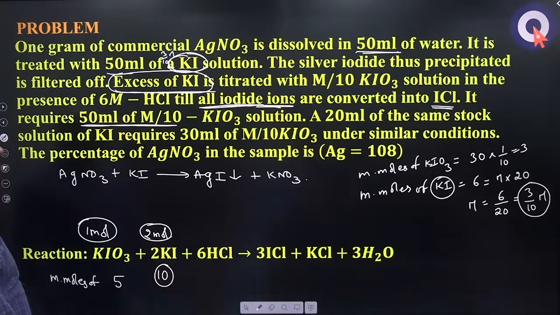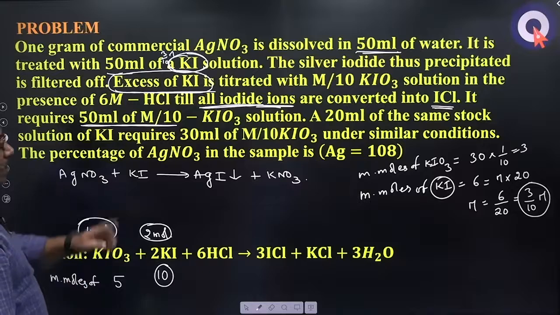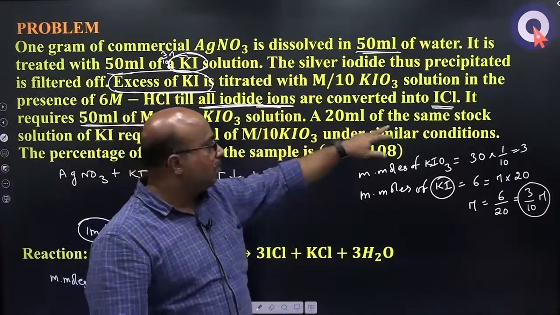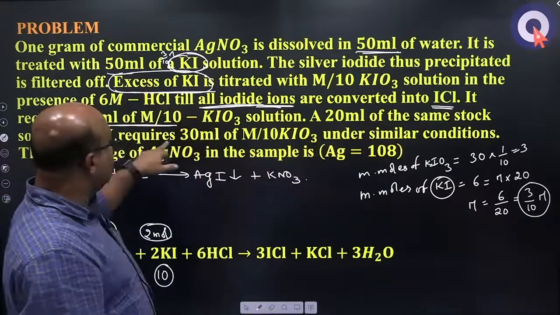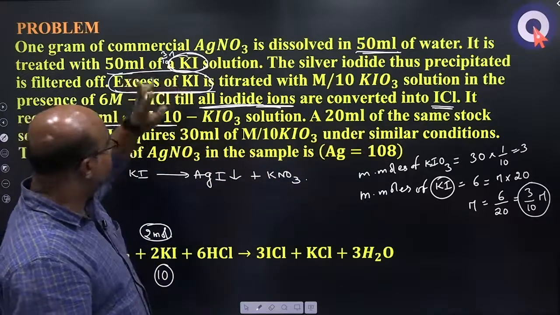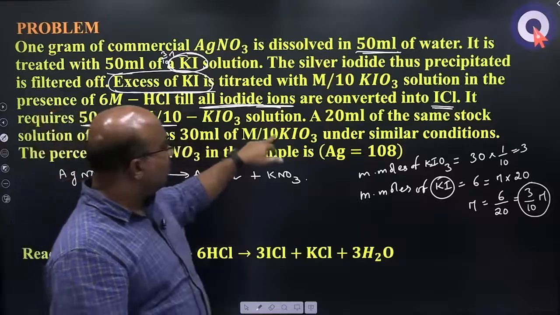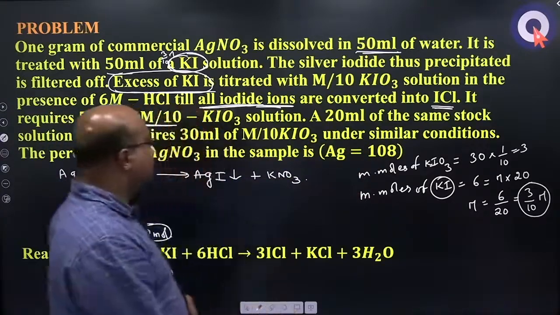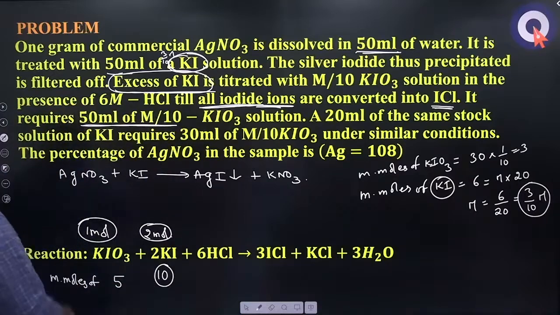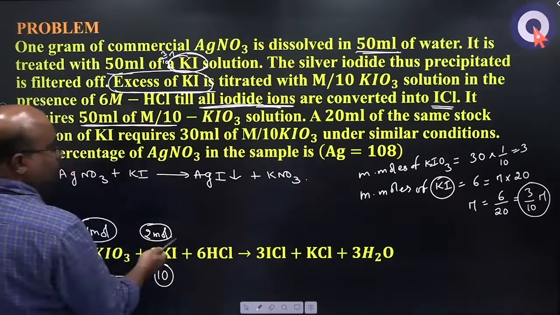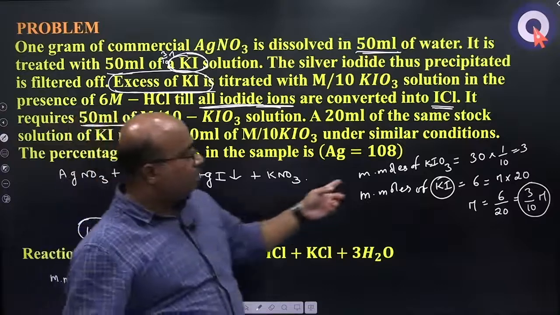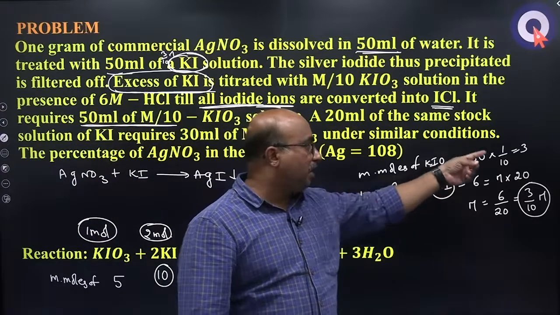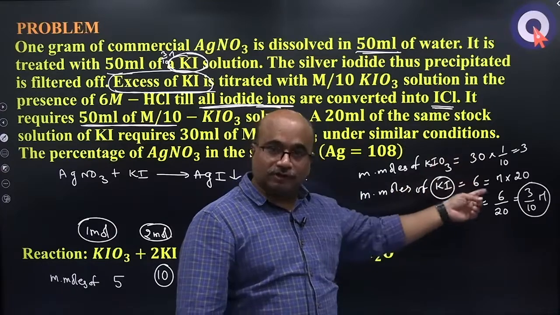Okay? But if I use the same KI solution, 20 ml of the same KI solution of this particular concentration, then 30 ml of M by 10 KIO3 is consumed under similar conditions. So 10 millimoles are consumed here, but for the KI concentration, if KIO3 is 3, then KI should be 6.